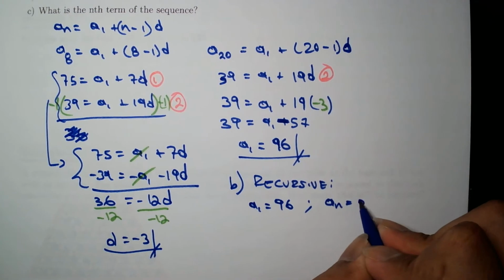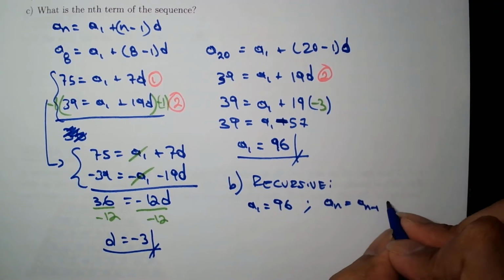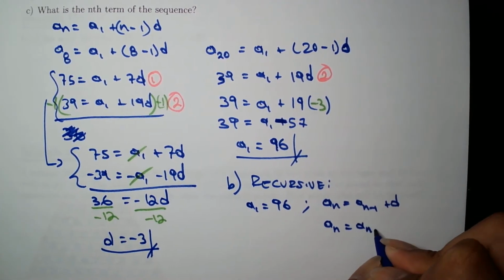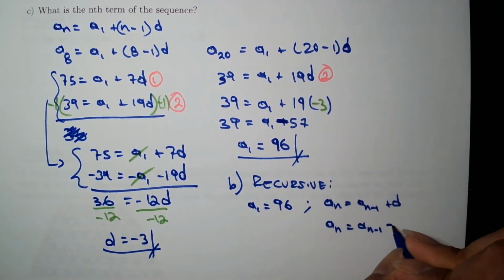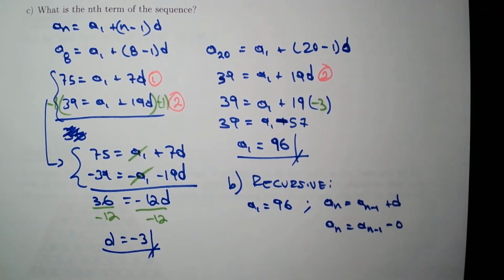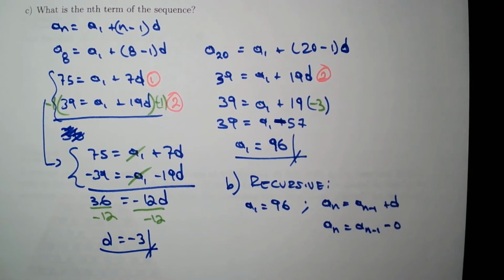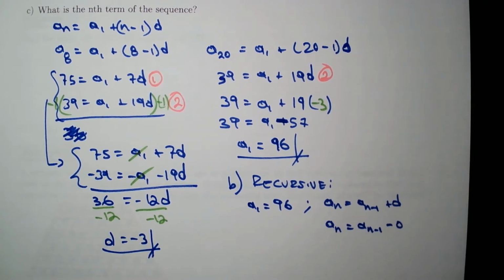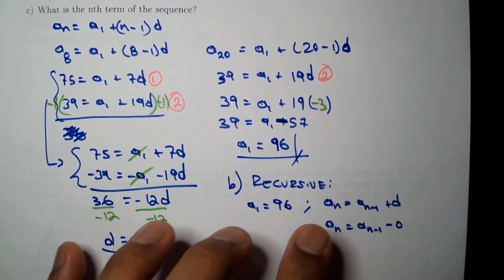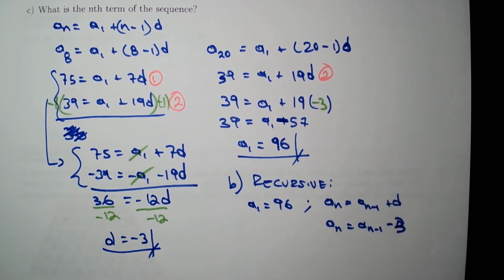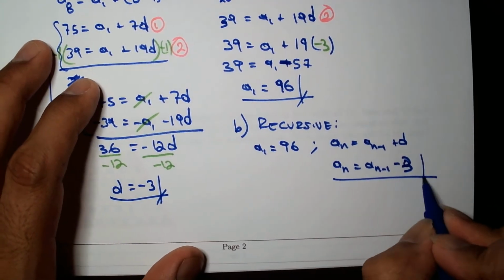In this case, a sub n equals a sub n minus 1 plus the common difference, which is negative 3. Let me erase that. That's supposed to be a 3. Okay, so that's a negative 3. All right, so that's the recursive form.